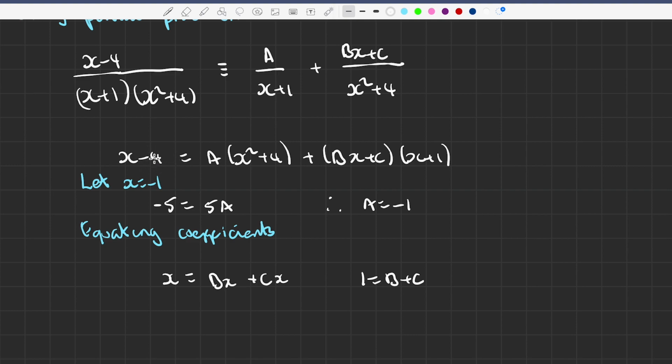And we can use this -4, because that is made by multiplying the a by the 4, so 4a, and the c by the 1, so plus c. And we know that a is -1, so -4 will equal -4 plus c, so therefore c must equal 0. And if c equals 0, then b must equal 1.